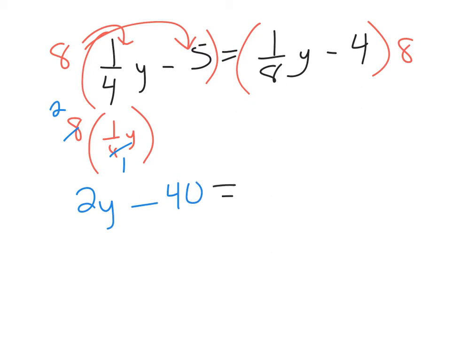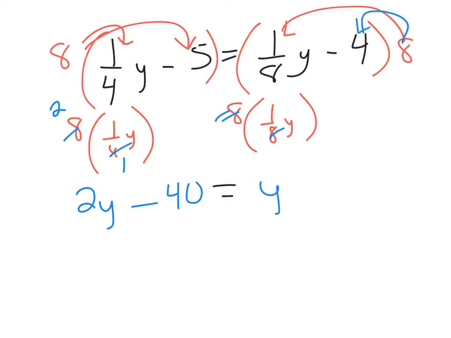Over on the other side of the equal sign, we would be able to do the same thing. So just rewriting this right here, 8 times 1/8 y. We can eliminate the 8, since they're both divisible by 8, leaving us with just y on that side. And then don't forget to distribute the 8 to the negative 4 there, so that would be minus 32.